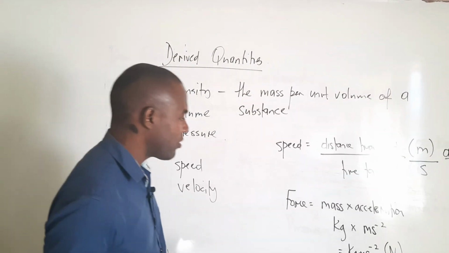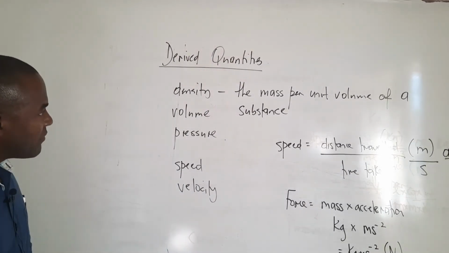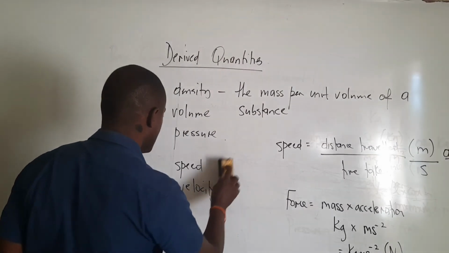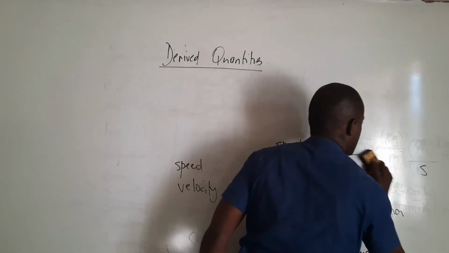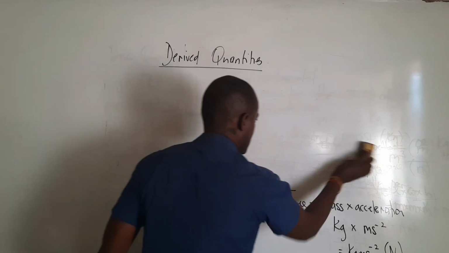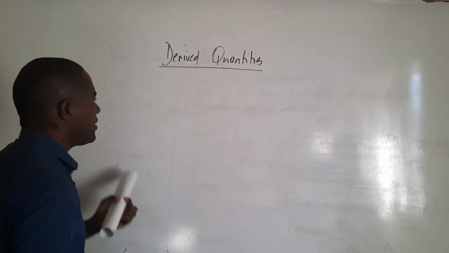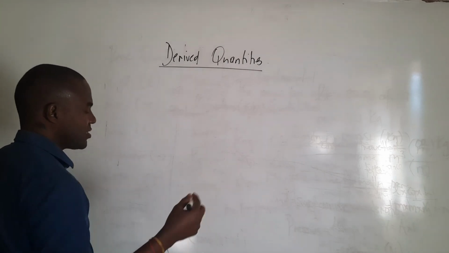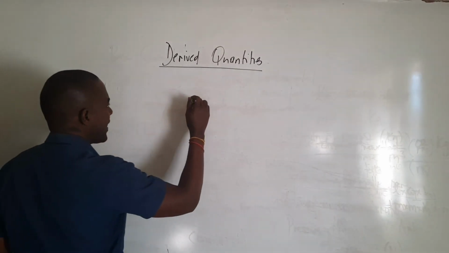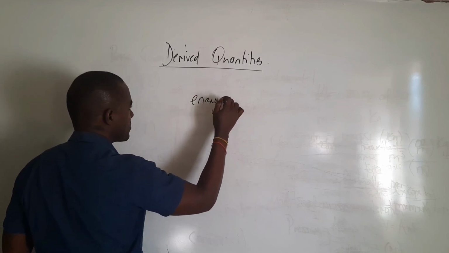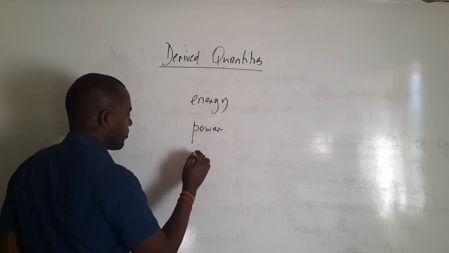Now, what are some other derived units which are the names of special people? Some of these physical quantities whose units are the names of famous people are energy, power, pressure.